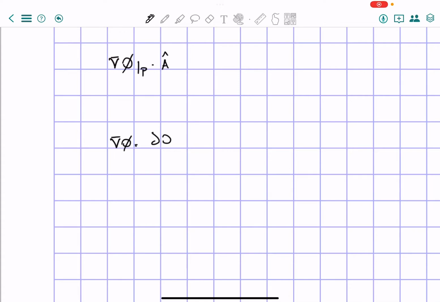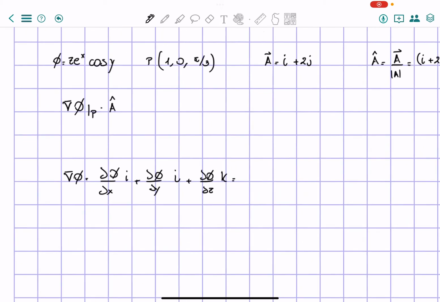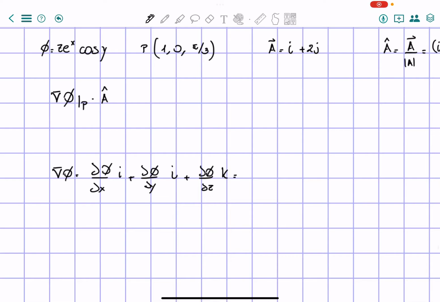It's going to be equal to the gradient of the function in terms of x along the i direction, plus the function in terms of y along the j direction, plus the gradient of our function in terms of z in the k direction. In terms of x, we're going to get the same exact thing, because we derive e to the power of x, which is e to the power of x.